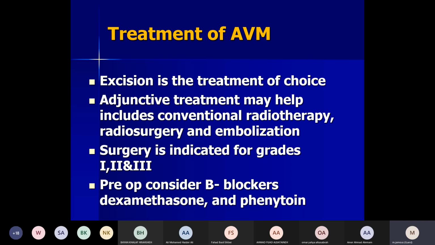Many times we need adjunctive therapy like conventional radiotherapy or embolization. As we mentioned, surgery is indicated for grades 1, 2, and 3. Otherwise, we need adjunctive therapy with conventional radiotherapy or embolization.